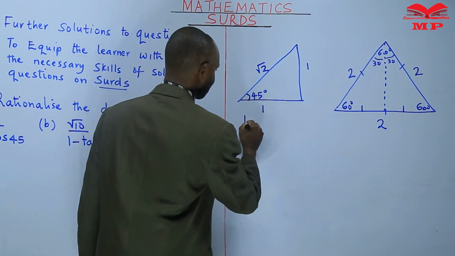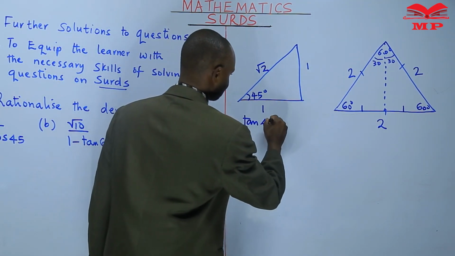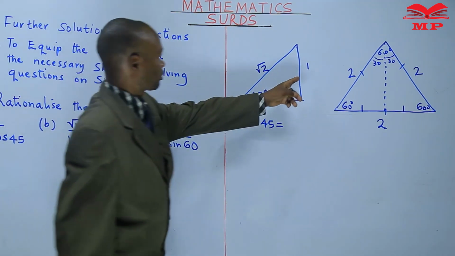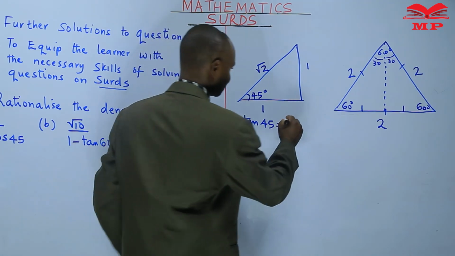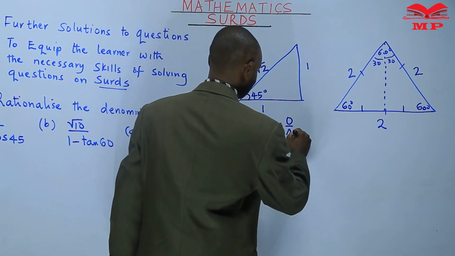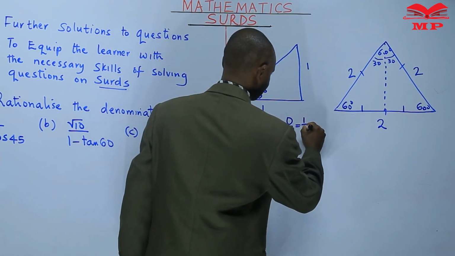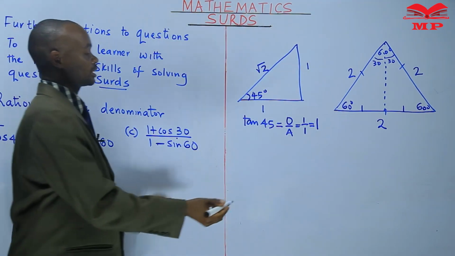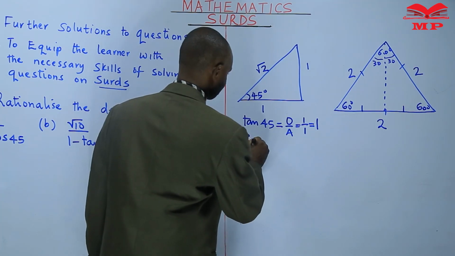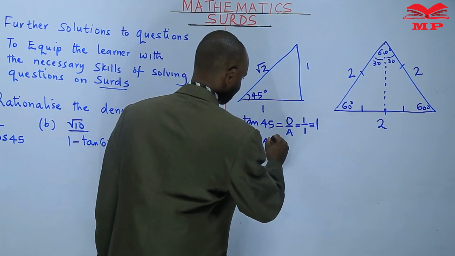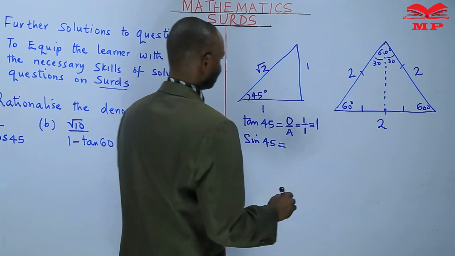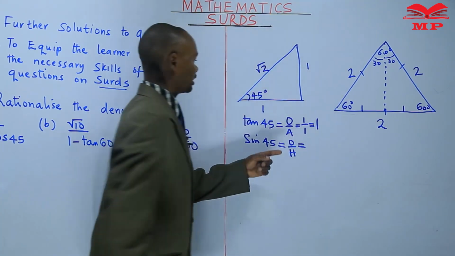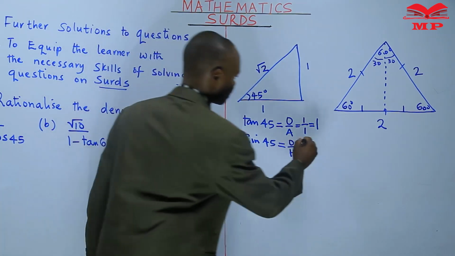The tangent of 45, learner, is opposite over adjacent. It is 1 over 1. It is 1. If you want to get the sine of 45, sine 45 is opposite over hypotenuse, which is 1 over square root of 2.